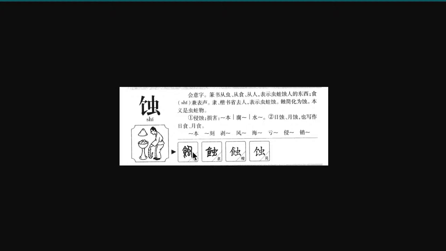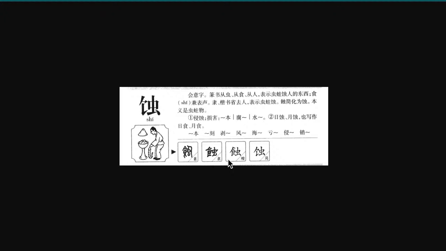Those are the very old characters. This is talking about worms that eat away the rice that the person stores for food. Later on they got rid of that person, feeling they didn't need that person there to represent that meaning. So they ended up with just the food radical and the 虫, the worm.